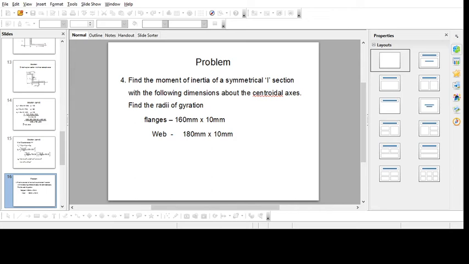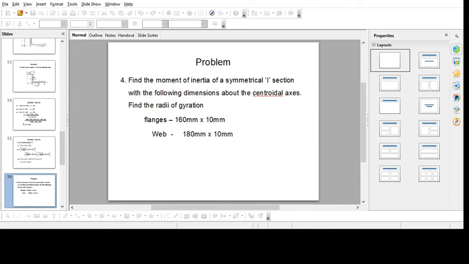So we know that flanges are nothing but the base plate and the top plate, those horizontal plates, bottom and top. Those are of 160 mm and 10 mm. The base is 160 into 10 and the top is 160 into 10, and in between that vertical small rod of thickness, it is 180 into 10.